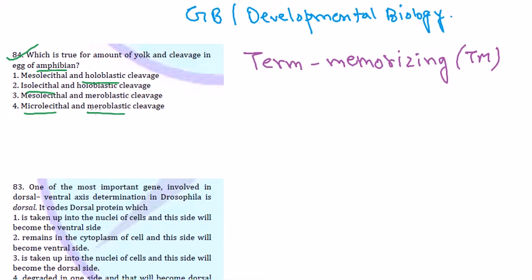So that's another question. You need to know what the terms mean, as well as where they apply, because they are asking you for amphibians. Remember, for mammals the system will vary, for birds the system will vary, but for amphibians it is mesolecithal and holoblastic type. So I can put option 1 as the correct answer, but otherwise you can't get it.